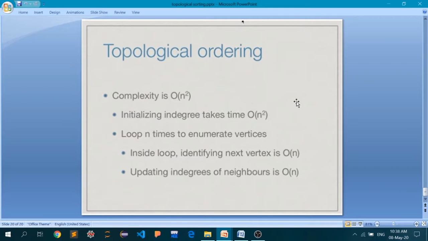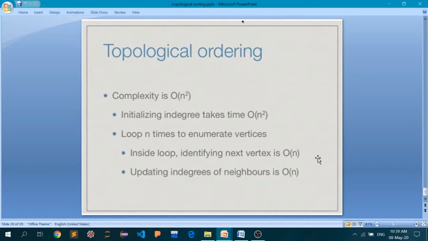So practically, your time complexity amounts to O(n square) for an adjacency matrix. But if you are using an adjacency list, your complexity will amount to O(n). So this is what we have for topological sorting or ordering.